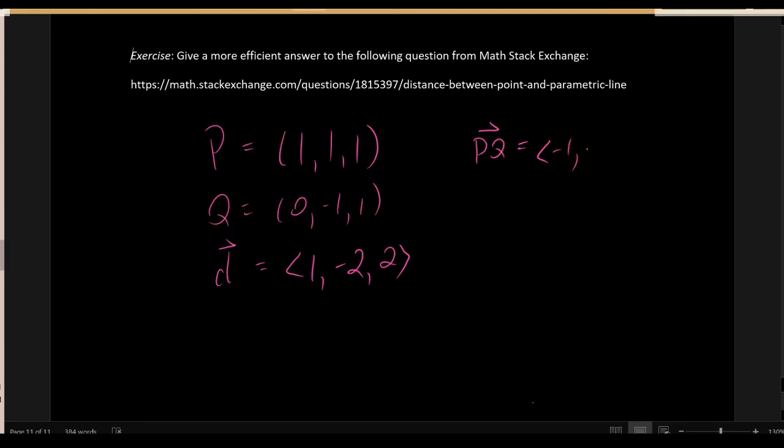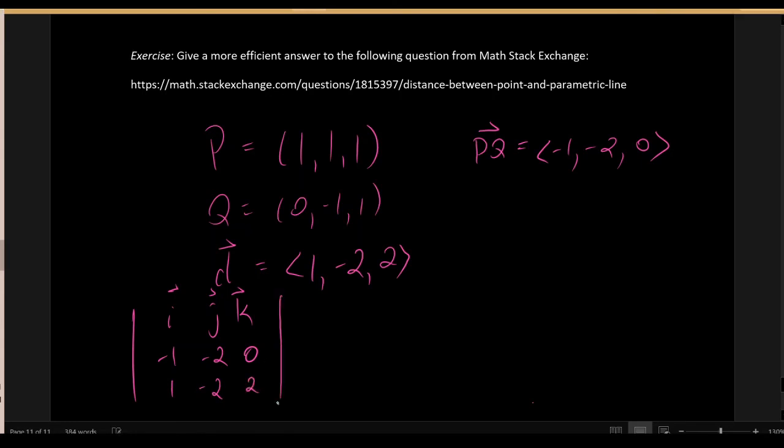So let's go ahead and take the cross product, i j k in the first row, then the entries of PQ in the second row, and the entries of D in the third row.